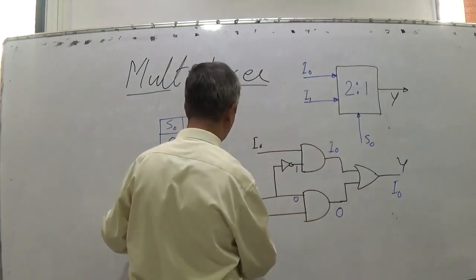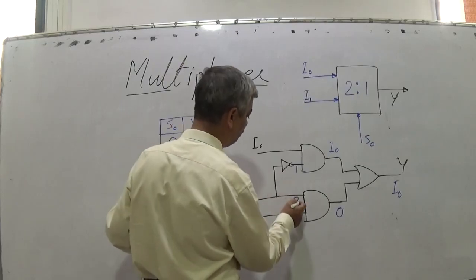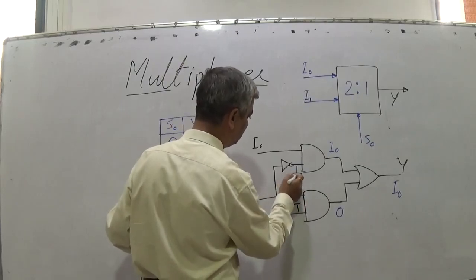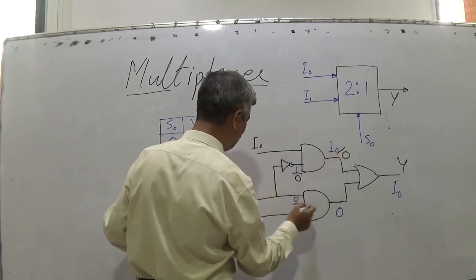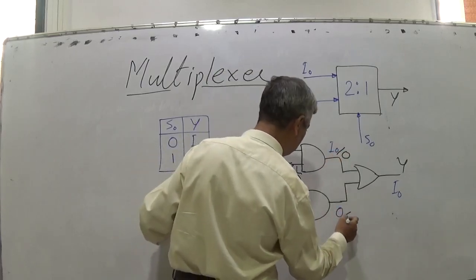When S0 is 1, what will happen? This would be 1, this would be 0. As this is 0, this would be 0. As this is 1, this would be I1.